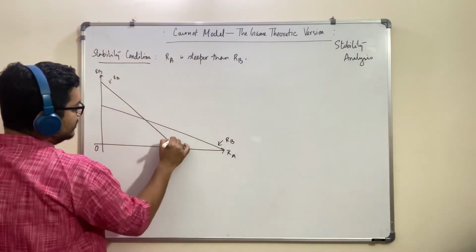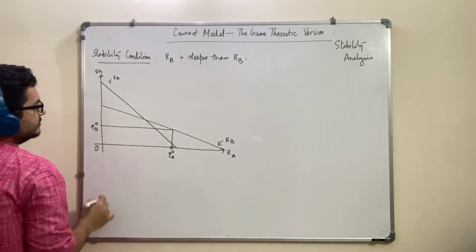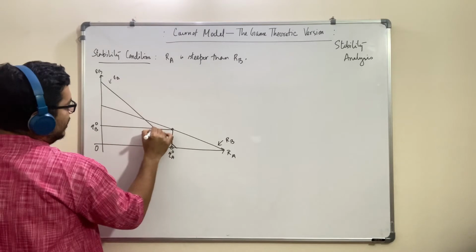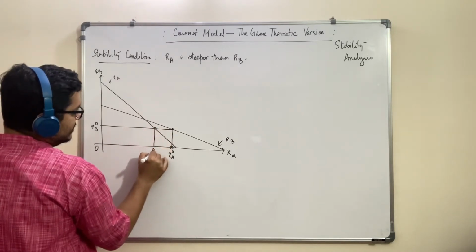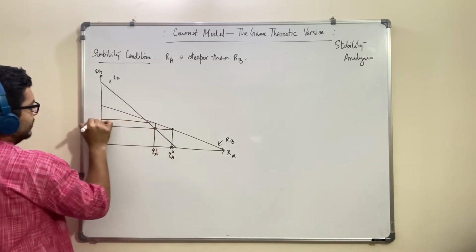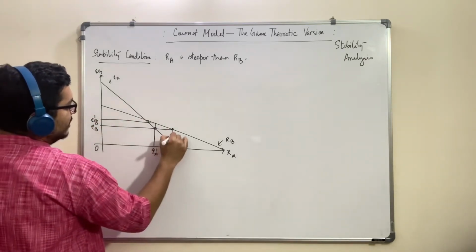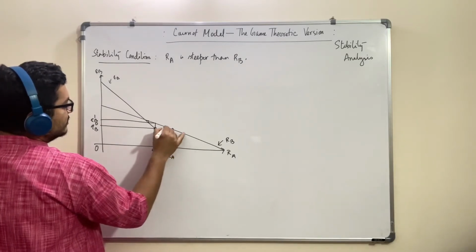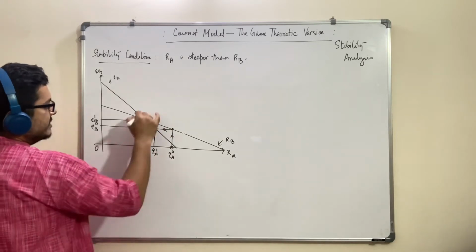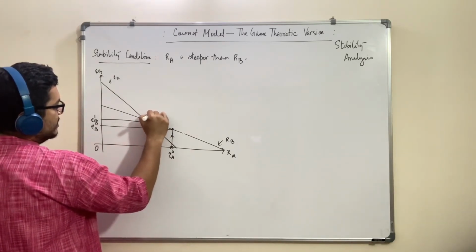The reaction to this will be from RB, which is QB naught. To that, the reaction will come from RA, say QA1. Following that, there will be QB1, and so on and so forth. So it will go in this direction, then left, then up, then left, and in this way it reaches the equilibrium, let's say E star.